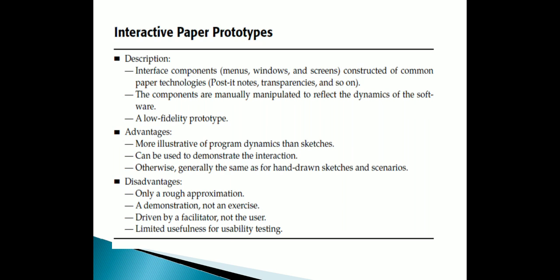Then the components are manually manipulated to illustrate the dynamics of the software. The purpose of this kind of prototype is to provide a sense of the dynamics of a program without actually having to build a functional version of it.